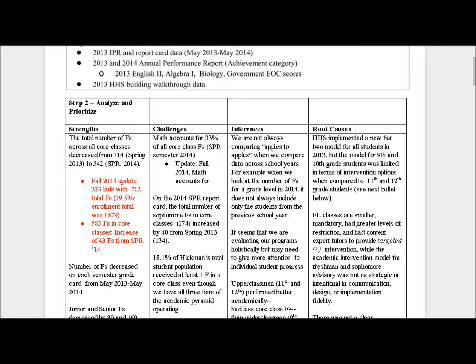So we want to make sure that as we think about how we want to analyze data, we begin to look at the holistic picture from that particular grading period, whether it's an IPR or a semester grade, but then also maybe add in another layer to say, let's compare only the kids who were here the previous grading period as well to see how they did. Are they still on the F list? Did they get taken off the F list? Is there movement? What has happened? So that's what I mean by comparing apples to apples.